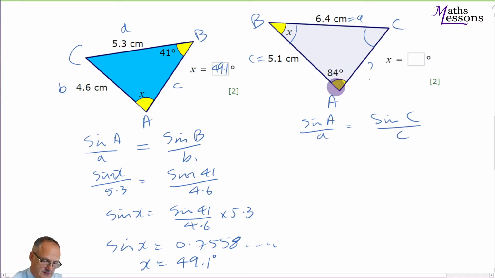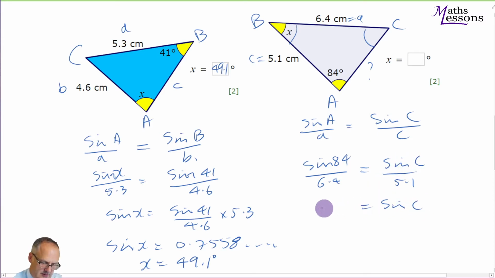Put the values in: sine of 84 over little a, 6.4, equals sine of C, which we don't know, over little c, which is 5.1. So sine of big C will equal sine 84 over 6.4, and I've got to times by 5.1.